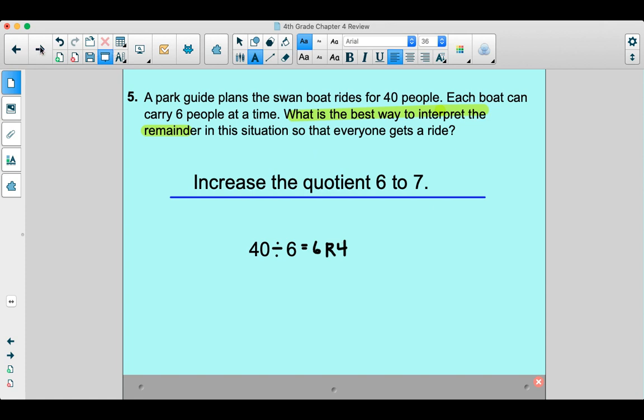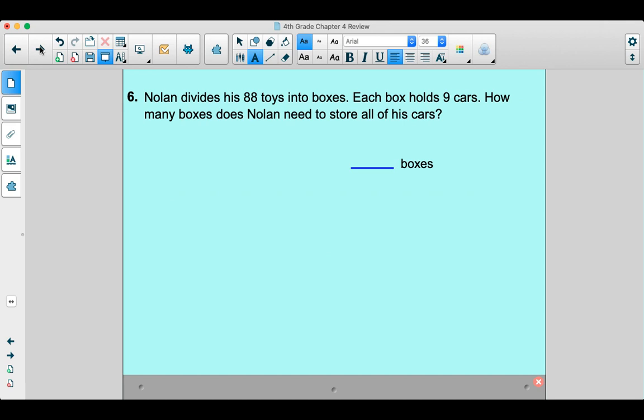Off to the next. Number 6. Nolan divides his 88 toys into boxes. Each box holds 9 cars. How many boxes does Nolan need to store all of his cars? Okay, so for this one, we actually do need to solve it, right? So we are doing 88 divided by 9 equals what?